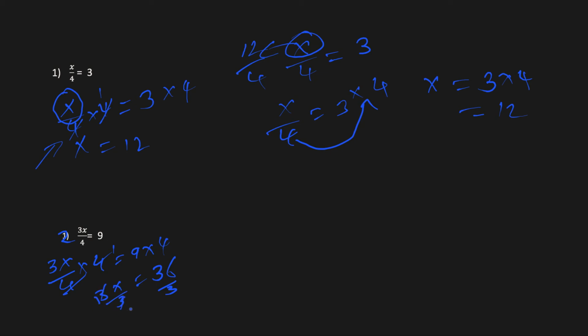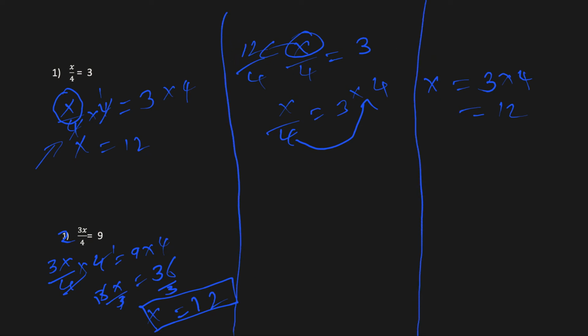This is 1. So 1 times x is x. And then this is 12. So I know x is equal to 12. Now let's look at the next method. Well, this might be tricky, but let's still solve it. I know that 3 times what number divided by 4 will give me 9.